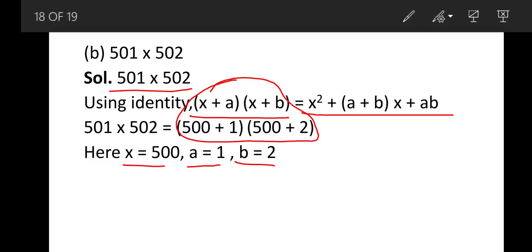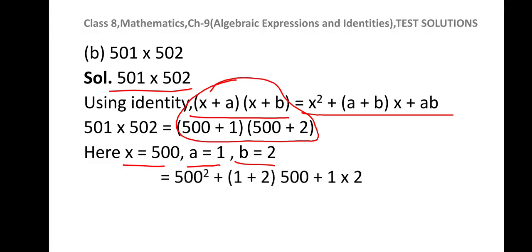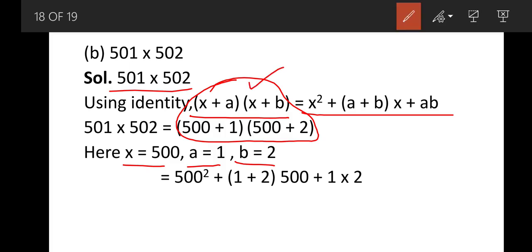So if this side is known to us, you will be putting the values of x, a and b on this side, and you will be getting 500 square plus a plus b into x plus a into b. So 1 plus 2 into 500 plus 1 into 2.